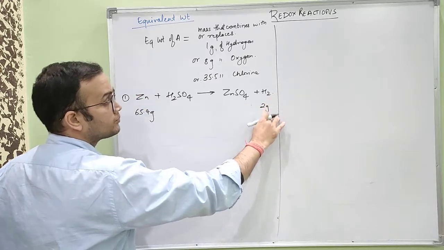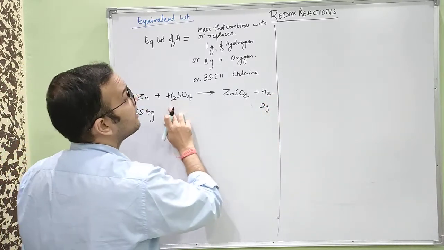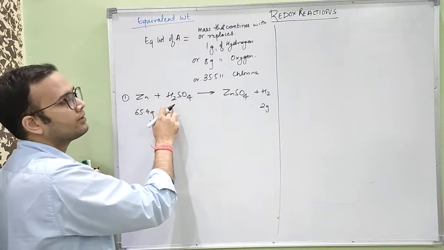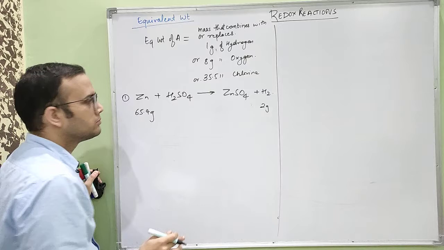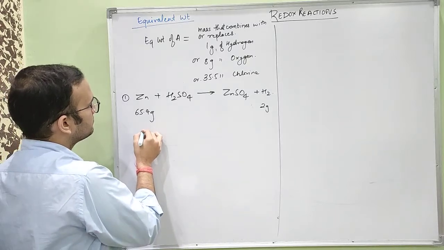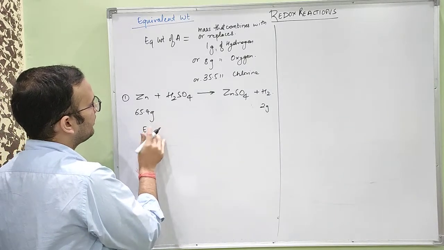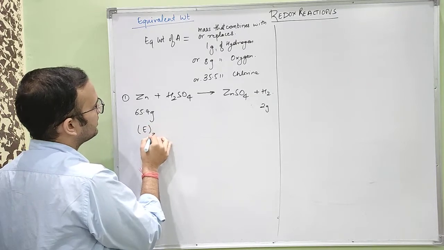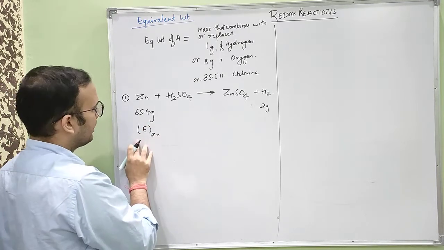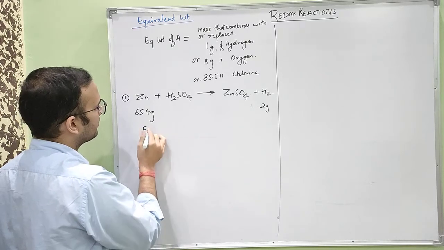Here you can see that it is replacing hydrogen. It is not directly reacting with hydrogen. It is replacing hydrogen. So we have already used that. Got it? Okay. So if we want to use equivalent weight, let's calculate equivalent weight by writing this. You can write it like this, or we can write it like this.